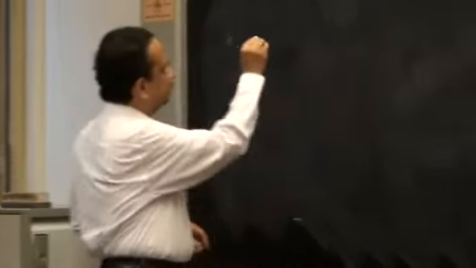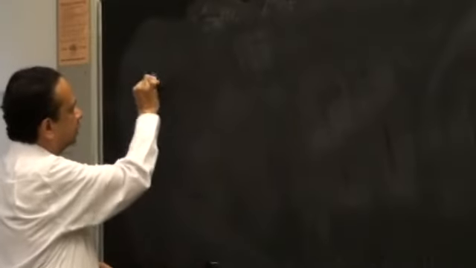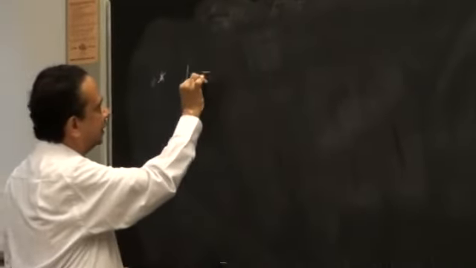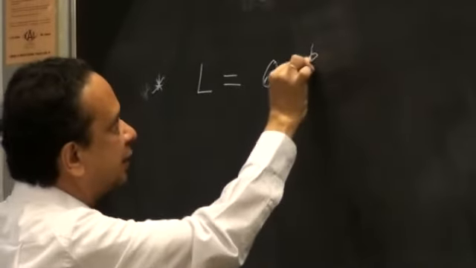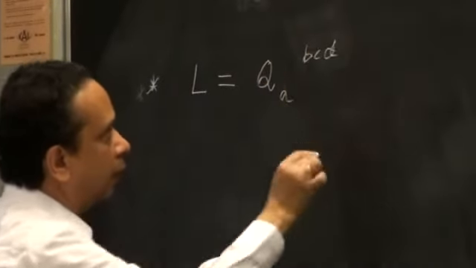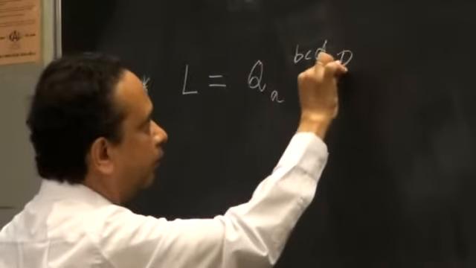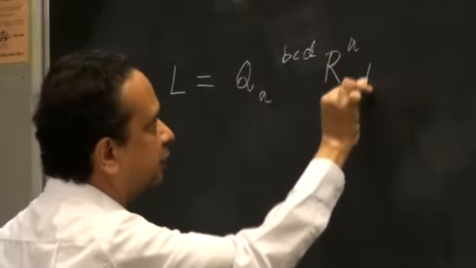Since I have wiped everything out, let me just start by writing one or two relations which we need. The first was this Lagrangian, I wrote as Q, A, B, C, D. This is the class of theories which we are going to look at.